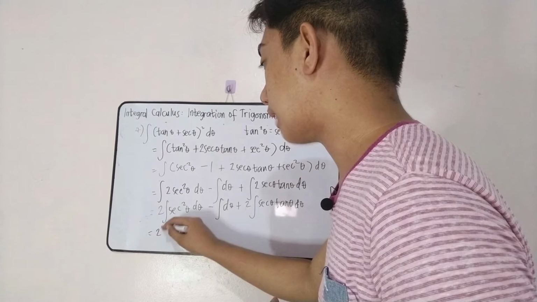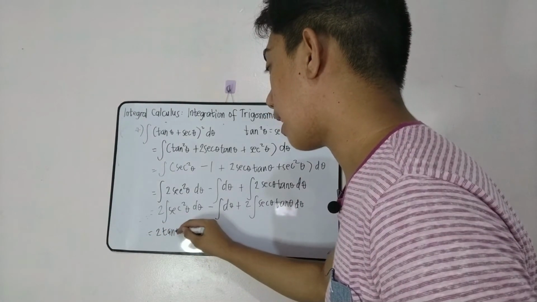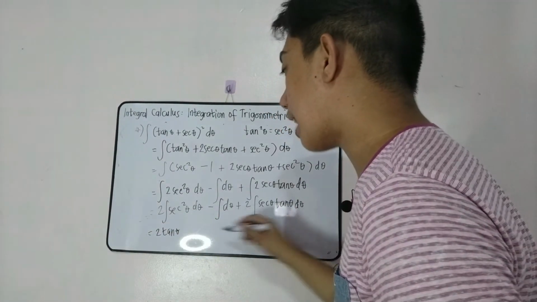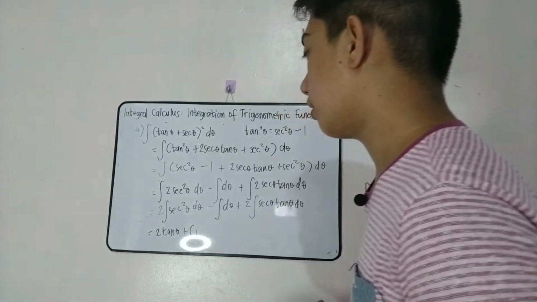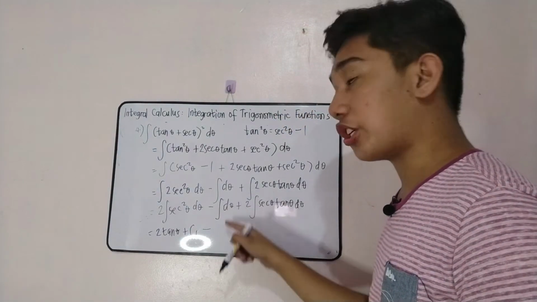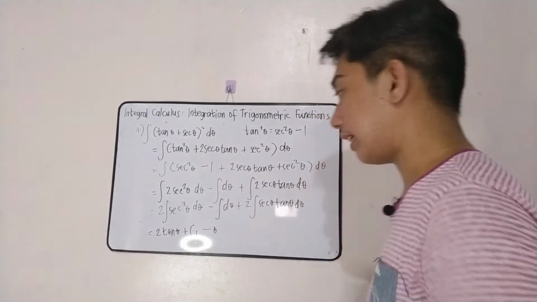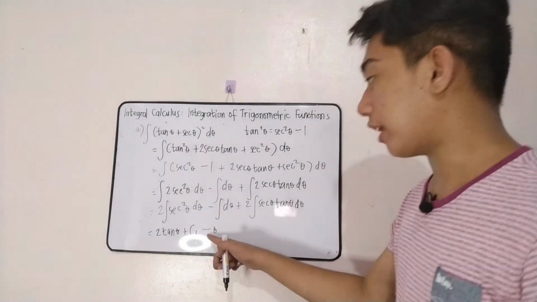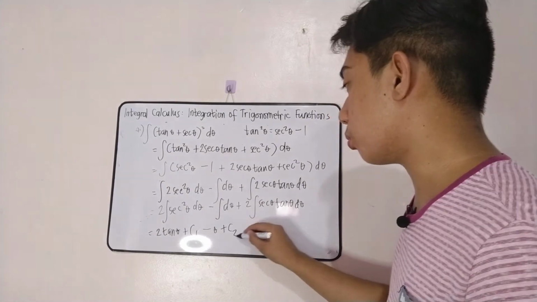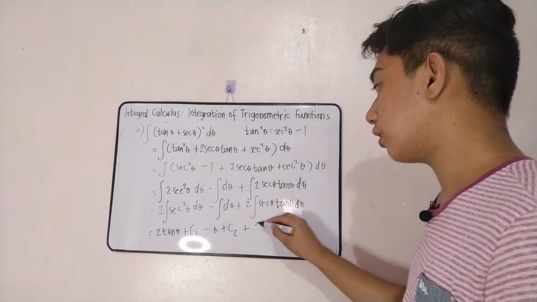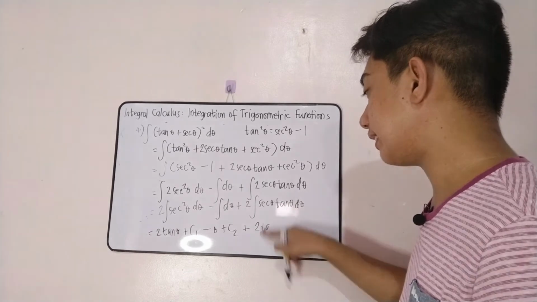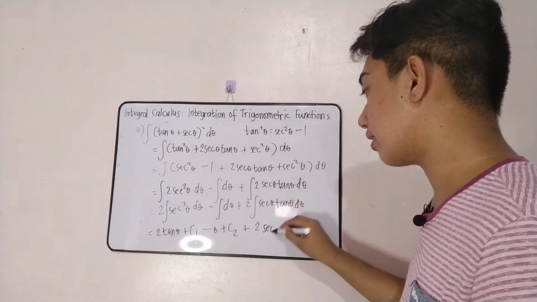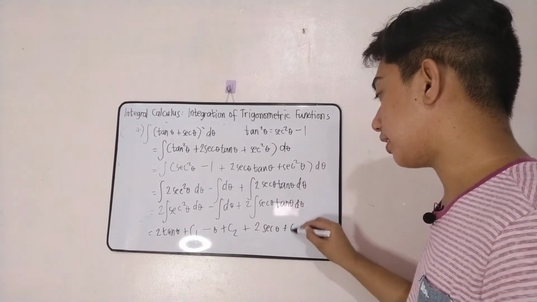So, 2 tangent theta plus, remember, 3 terms, so c sub 1, minus, the integration of this one is theta. Not x, because the variable we used is theta. So, minus theta plus c sub 2 plus 2 secant theta plus c sub 3.